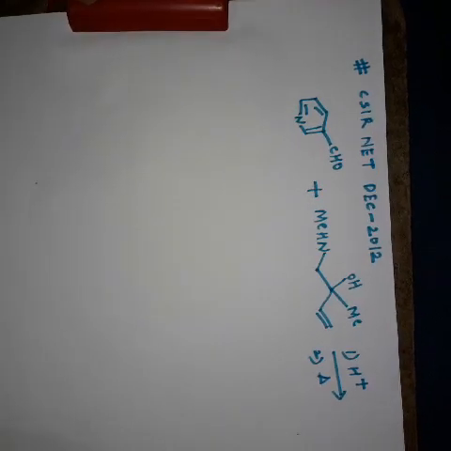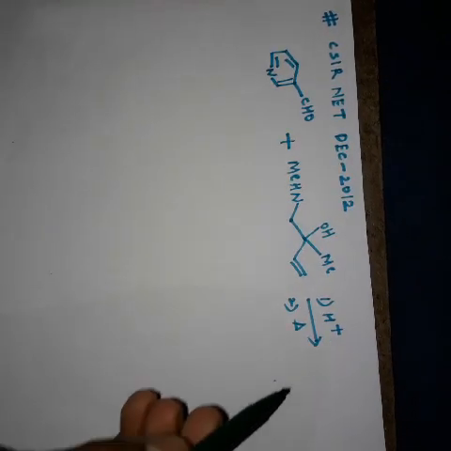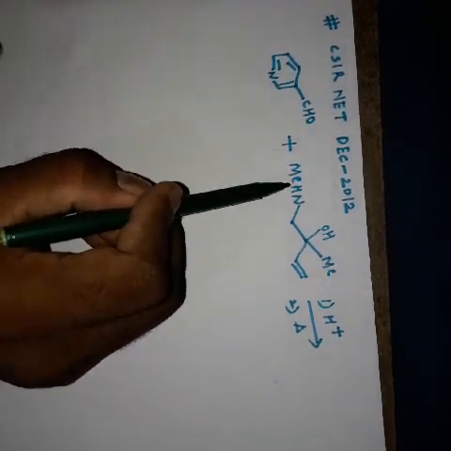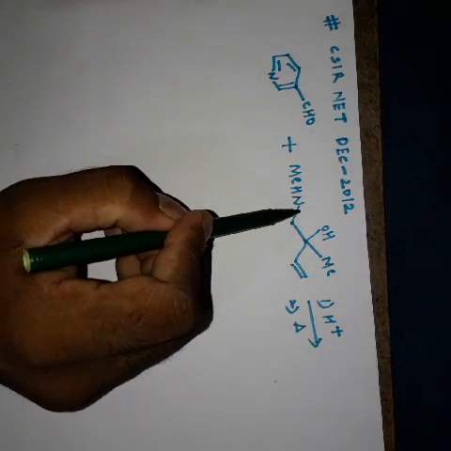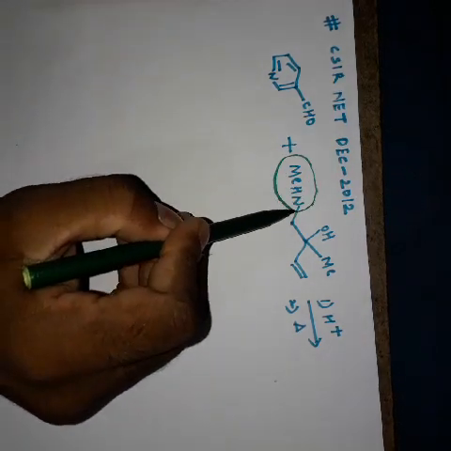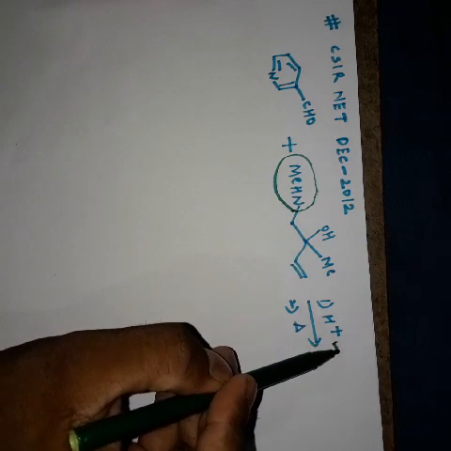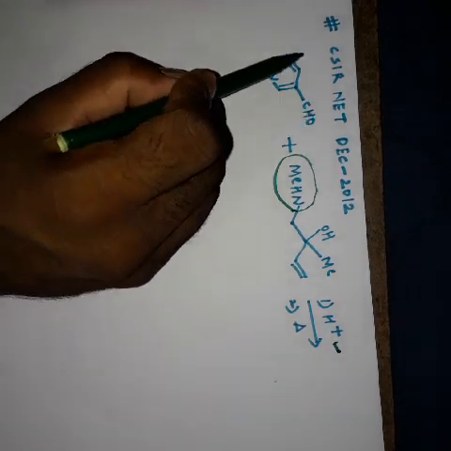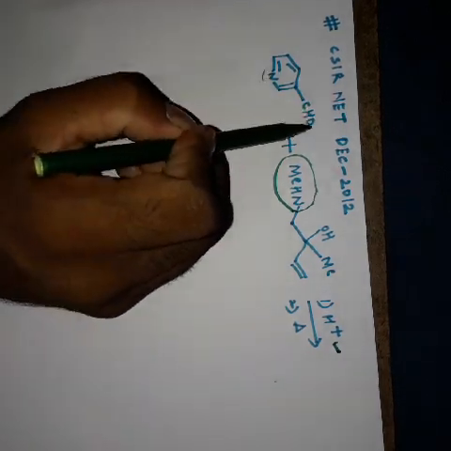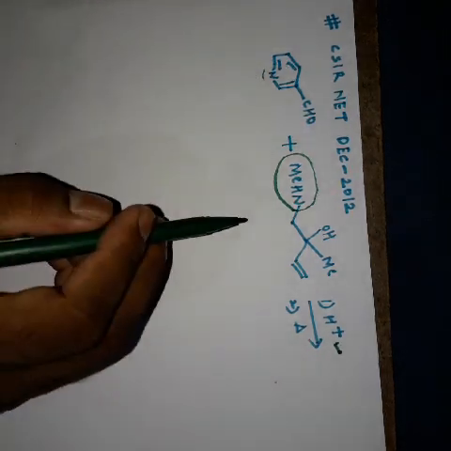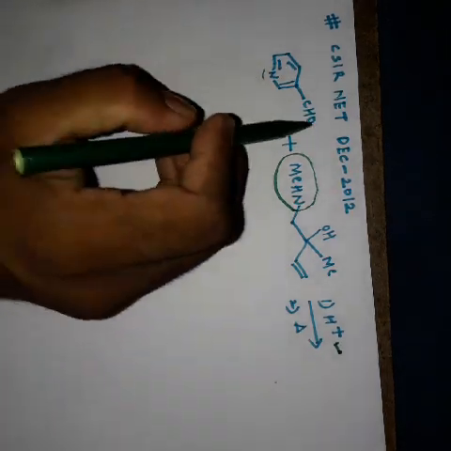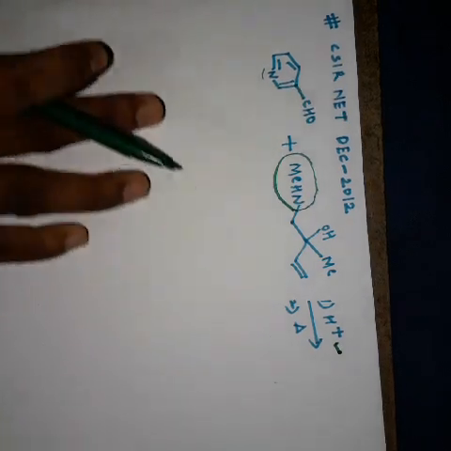In this question also we can see that this part is the amine part, the condition given is acidic, and this is like a formaldehyde, because in formaldehyde we do not have an acidic hydrogen, and here also we do not have an acidic hydrogen.